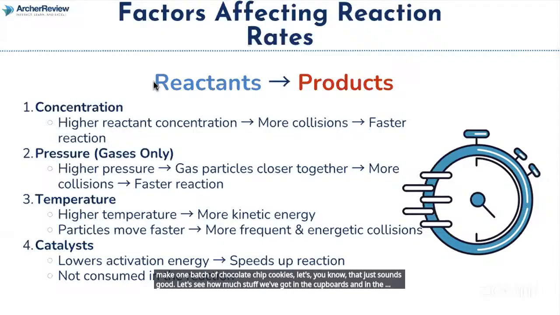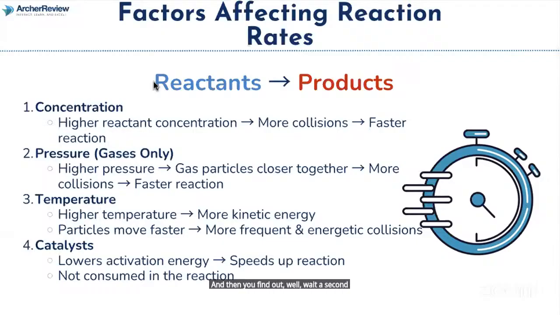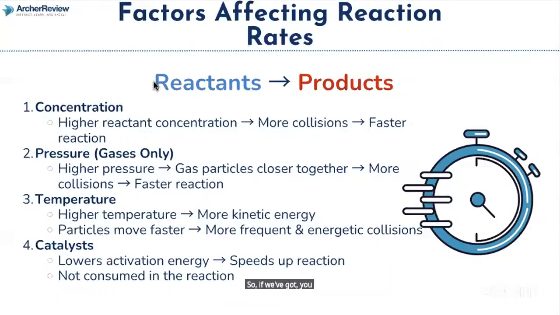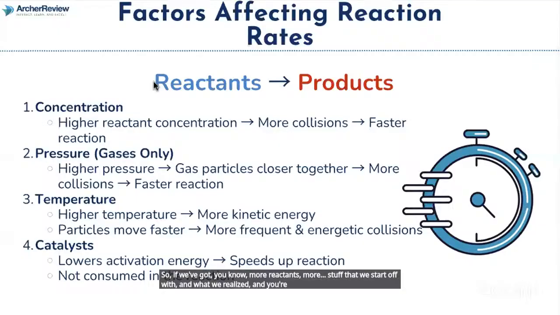And then you find out, wait a second, I've got double the amount of eggs. And in this economy, that's a big deal. Let's maximize on that. So if we've got more reactants, more stuff that we start off with than what we realized, you're like, well, why settle for 1 batch of cookies when you can make 2 batches of cookies?